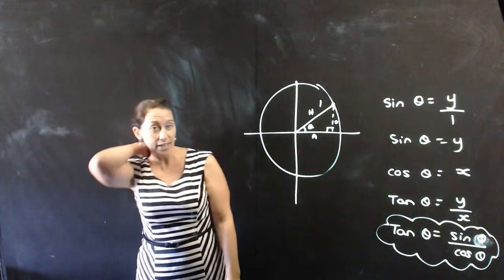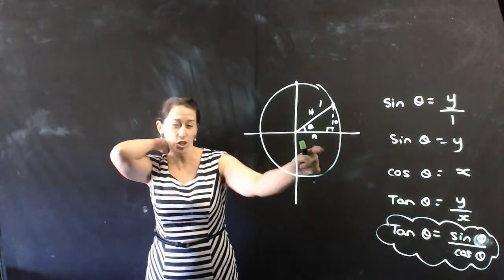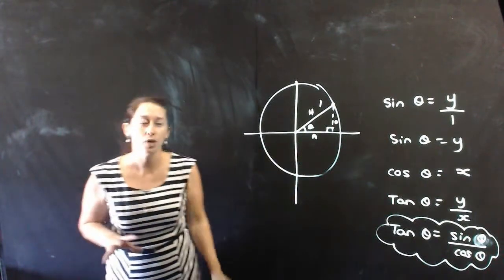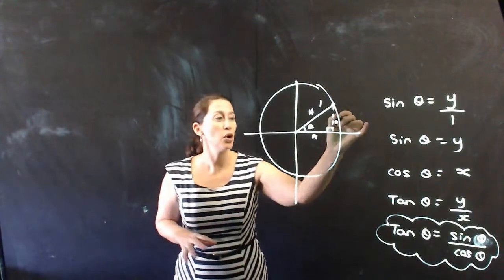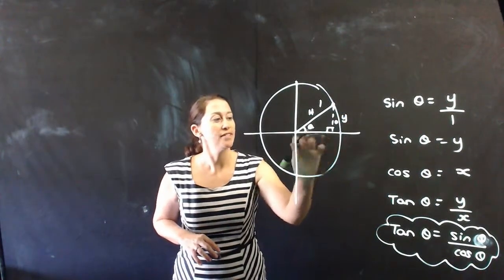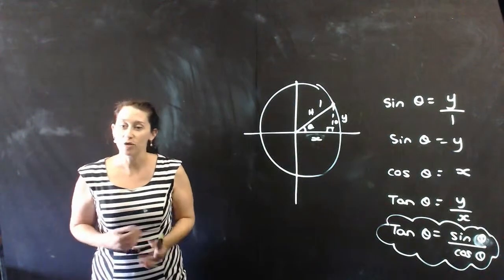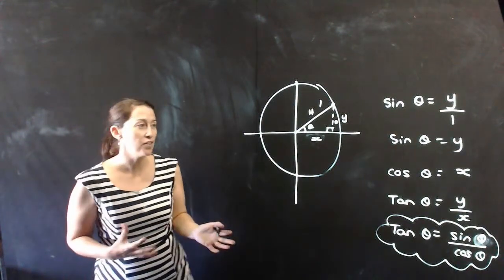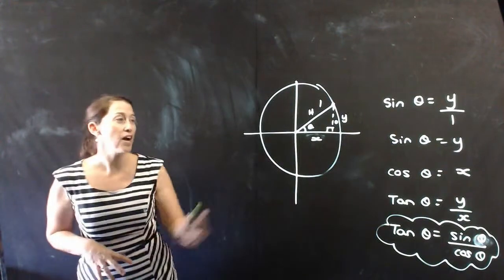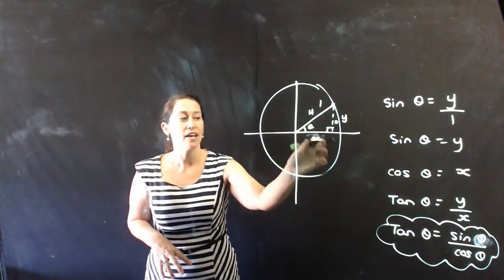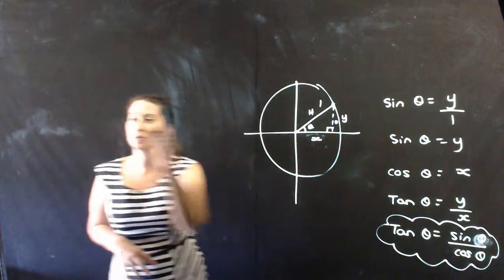Now the next one I'm going to look at is the Pythagorean identity, and I'm going to use the same triangle. I'm just going to put on there that we've got y and this is x. And what I'm going to do is apply Pythagoras. We know that Pythagoras is a squared plus b squared equals c squared.